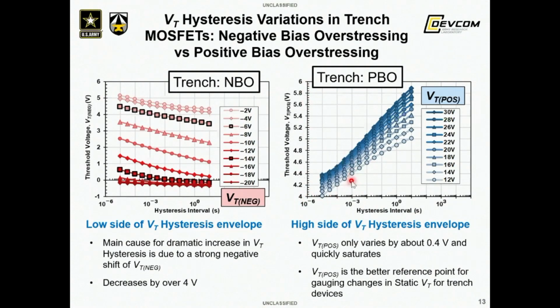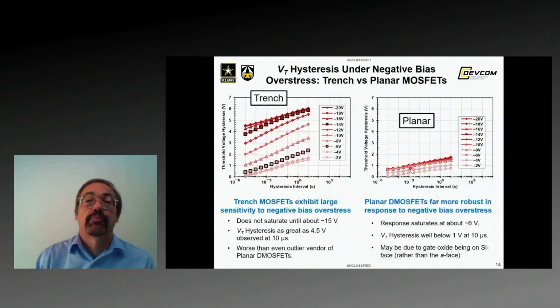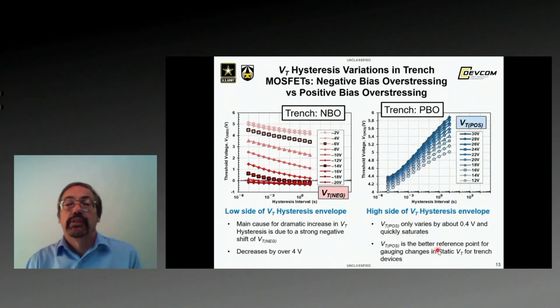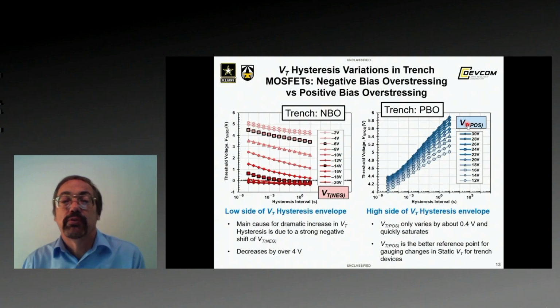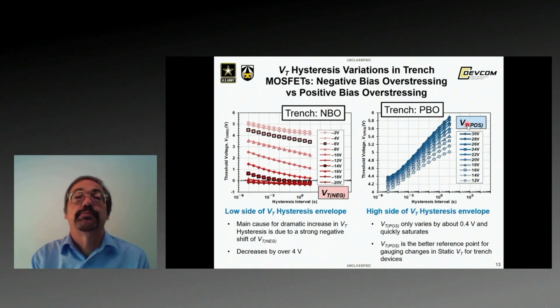And for any given hysteresis interval time, it's less than half a volt variation. And we observe saturation by the time we get to about 16, 18 volts. So I want to mention that the VT pos, the high side of the VT hysteresis envelope, is a much better reference point for gauging changes in static VT for these trench devices.